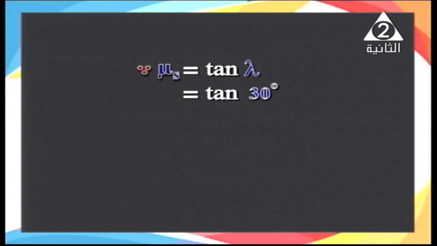This is the relation between mu s and tan lambda. Remember, lambda is the angle between R and R dash. Then mu s equals tan 30, which is 1 over root 3. Therefore, the body is about to move.